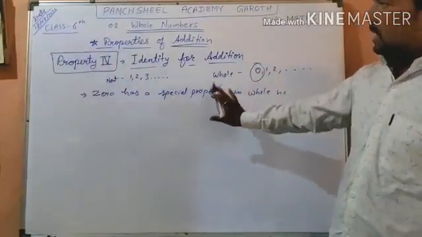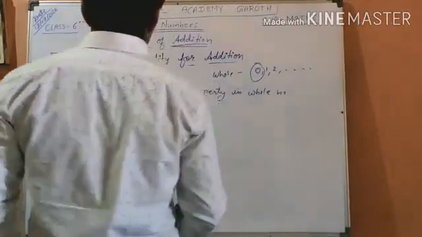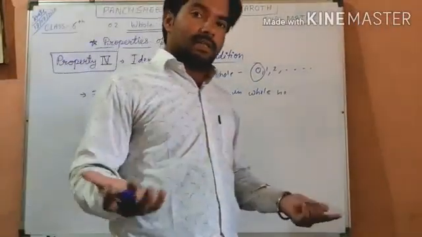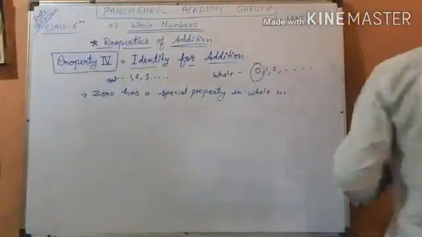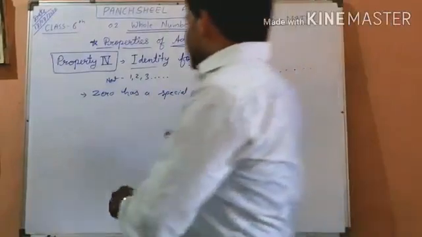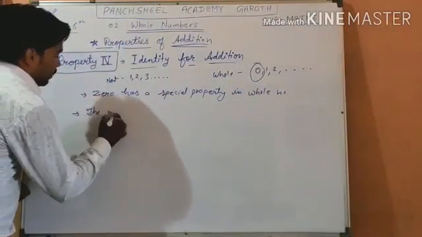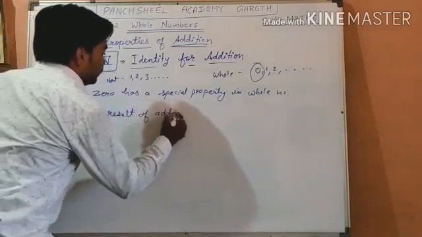But here we must understand that if we add any number to 0, then the result is that number itself.